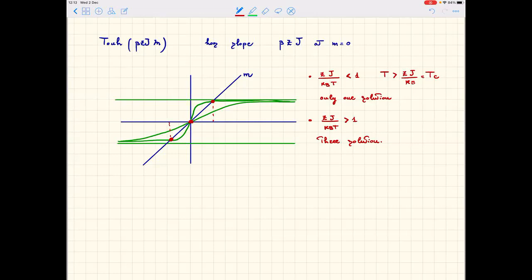So in order to decide which one of these three solutions to pick as the physical state of your system, it should be a minimum of the free energy, right? As we have seen a long time ago, minima of the free energy are the equilibrium states. That's why I calculated the free energy.